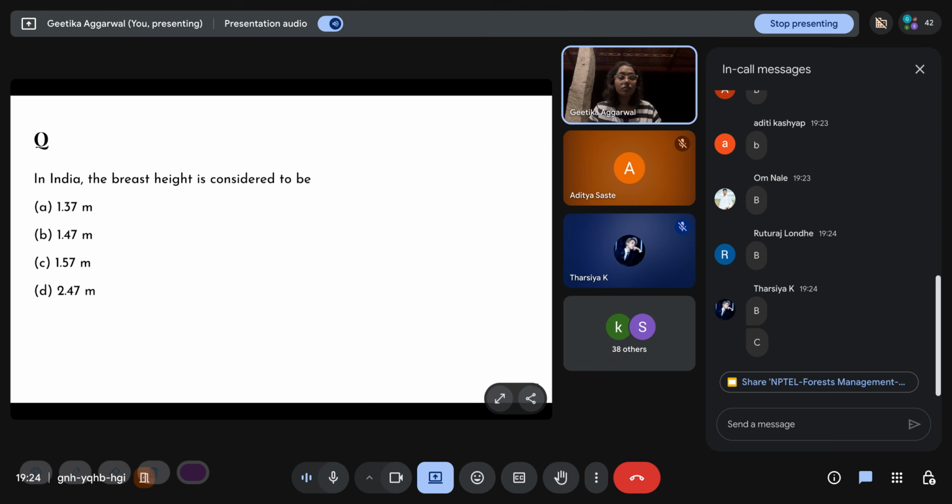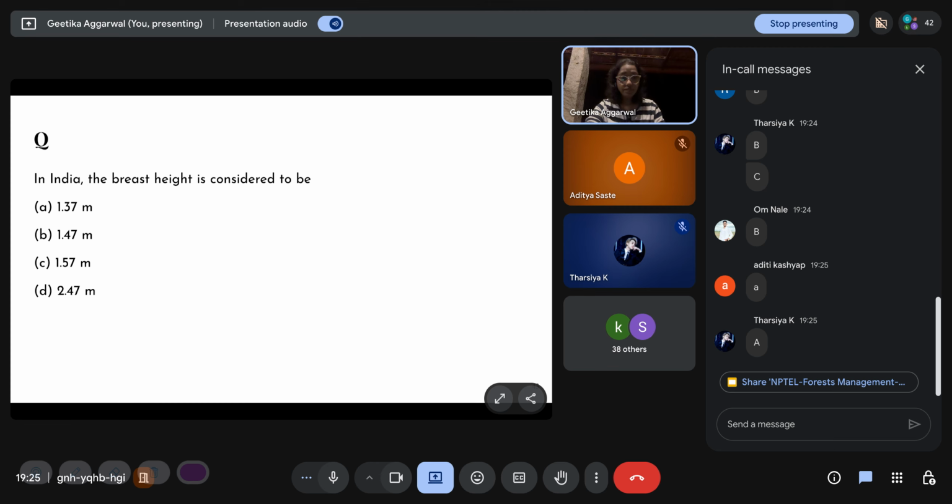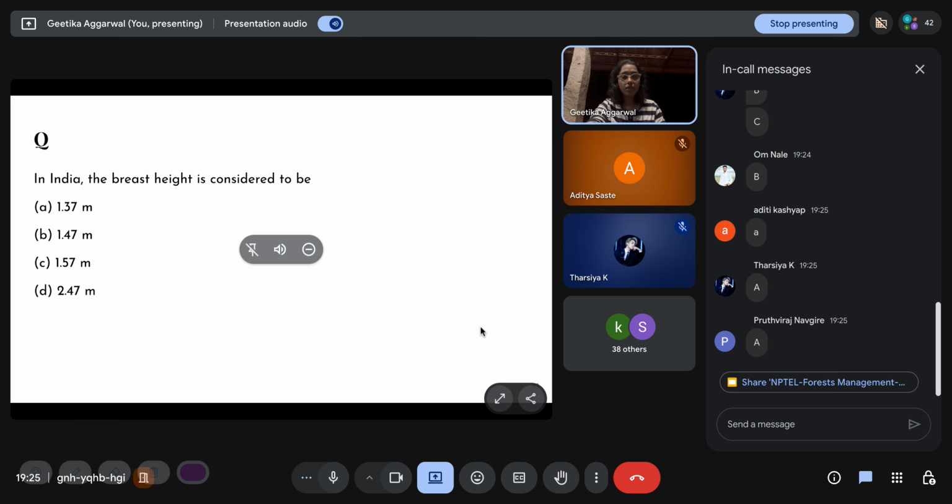So, what is the DBH? Oh, sorry, the BH for India or in general? What is the breast height? Okay, somebody saying B, 1.47. There's one A, 1.37. A. Others?